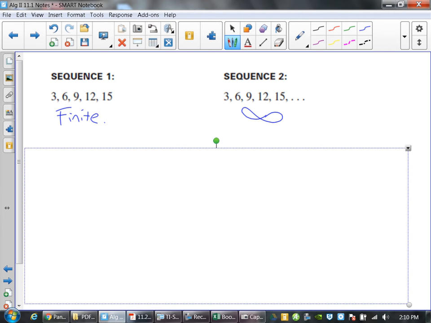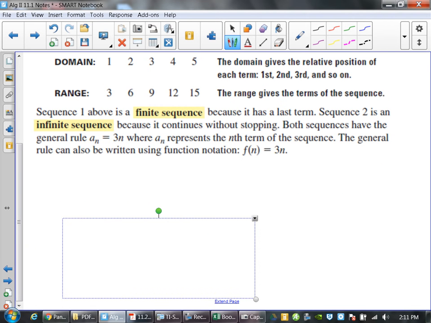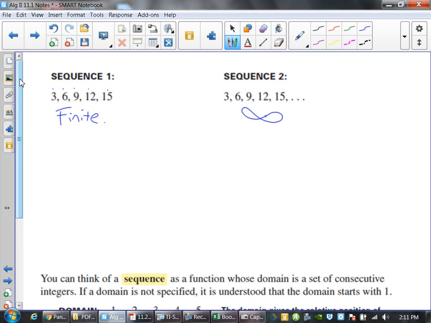Now, what if I wanted to write a rule that shows how that sequence was developed? Well, here's what happens. These parts here are called terms.